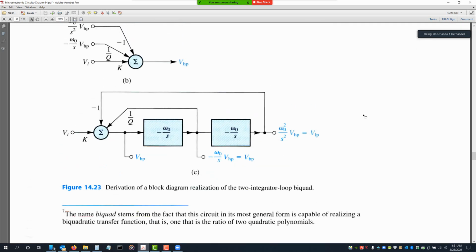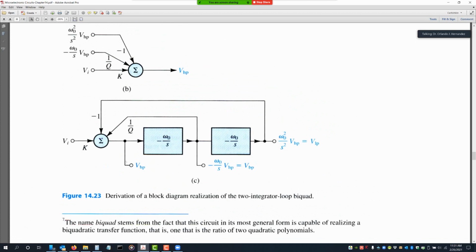The interesting thing is that we already define the high pass as what's coming out of the summing junction, and if we integrate that, we get a band pass response, and if we integrate it again, we get the low pass. So depending on where you take your output of this system, you can get any of the filter responses that you want without changing anything. Okay?